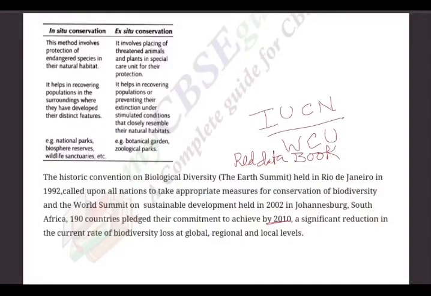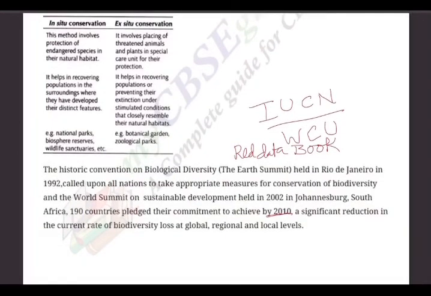And third, vulnerable. Presently the population is sufficient but is undergoing depletion due to some factor or factors, so that it is facing risk of extinction in medium term future. Example, clouded leopard. And then we have got extinct in wild. The taxon is absent in any of its natural or expected habitats in the wild.